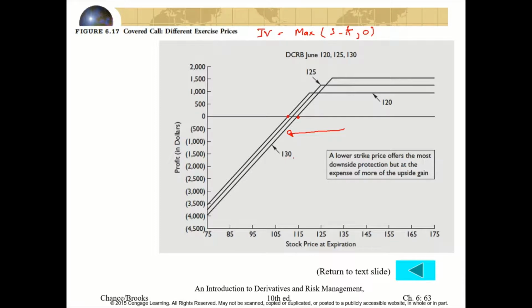Compared now, since I'm receiving the strike price and I paid 125.94 and I receive the premium, the option with the highest strike price will result in a higher profit. The option with the lowest strike price will result in a lower profit because I'm receiving the strike price, right? And the strike price is lower, so my profit will be lower.